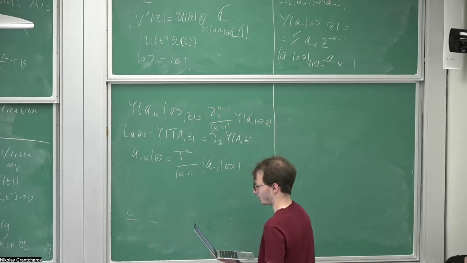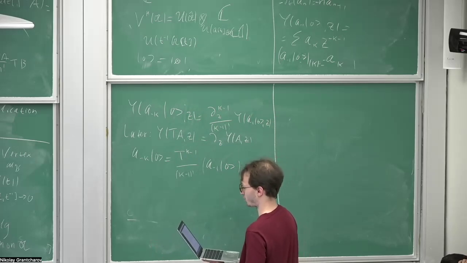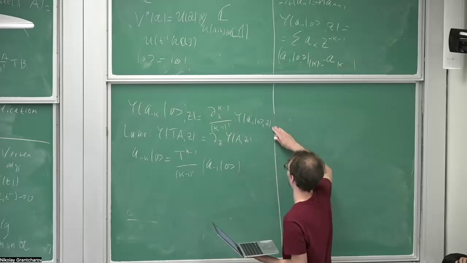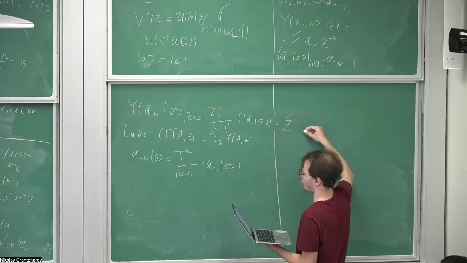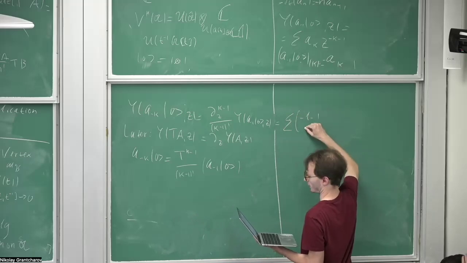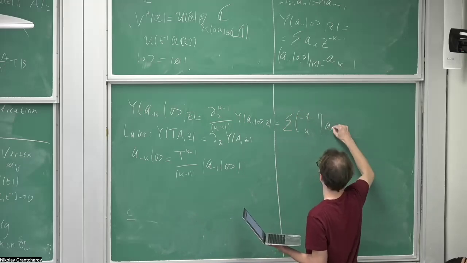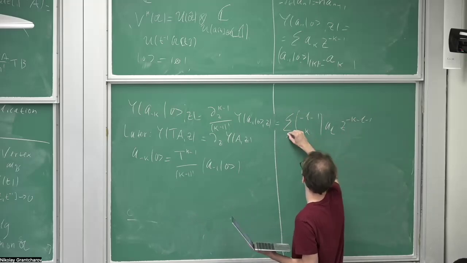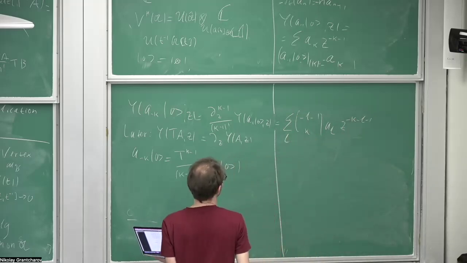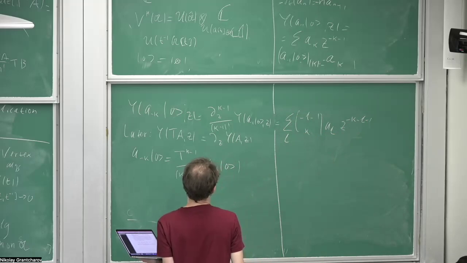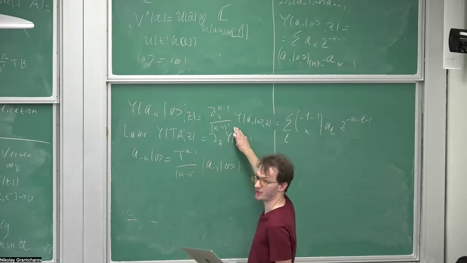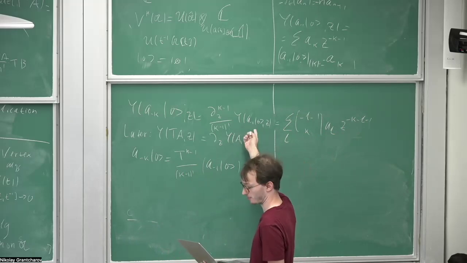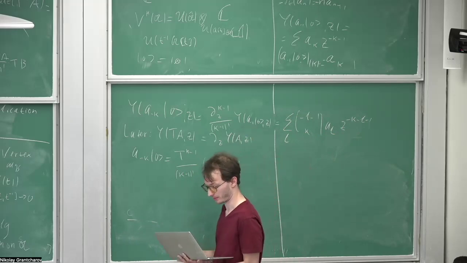You can write some explicit formula with binomial coefficients, but the formula that we'll mainly use is this one with derivatives of the initial field.